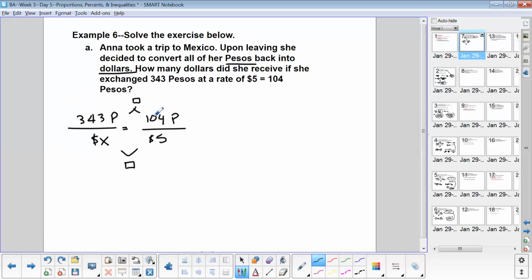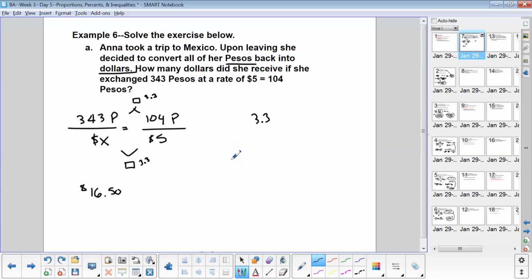So if I go this way and think, well, 343 divided by 104, and I get about 3 3/10. So it'd be about 3 3/10 here. So that means that I'd multiply 5 by 3 3/10 to get that same amount. And that would be roughly $16.50 approximately.